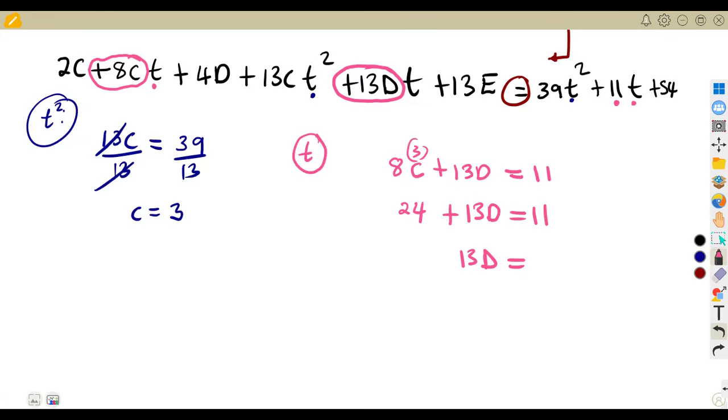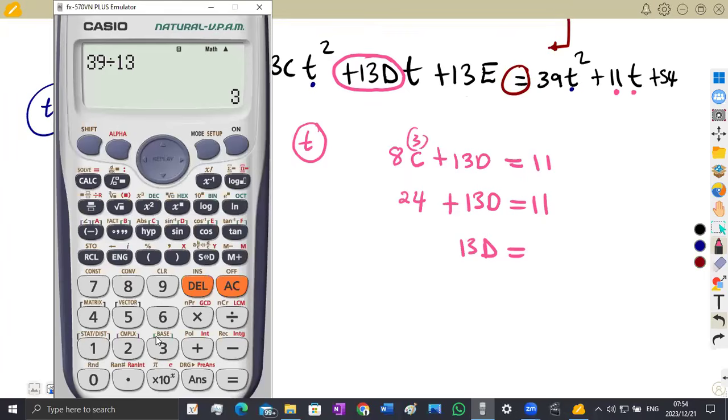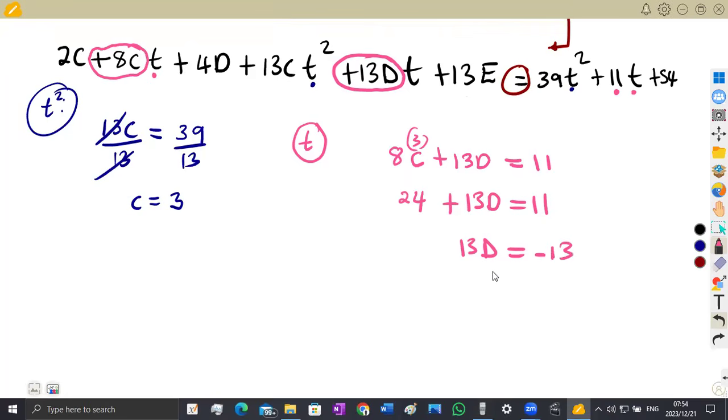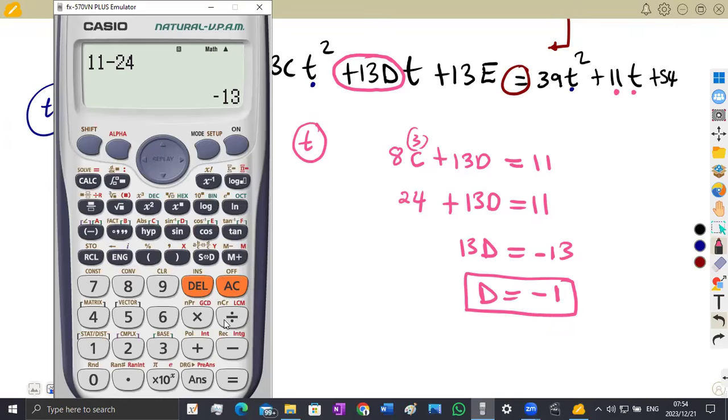Let me just use the calculator here. 11 minus 24 will be negative 13. So you can divide by 13. This will give us negative 1. All right, thus we have got the value of D.